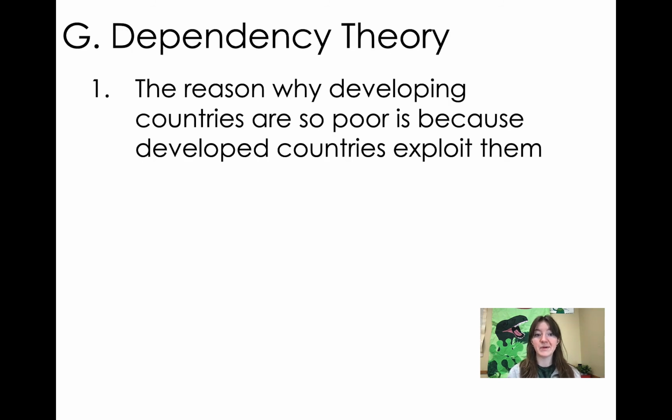Okay, and then we have the dependency theory. So this says that this is the reason why developing countries are so poor, is because developed countries exploit them. And this is the case. So we think about this with the world systems theory. The core always exploits the periphery. In this case, developed countries always exploit developing countries. That's business.